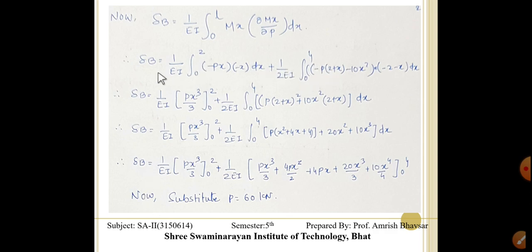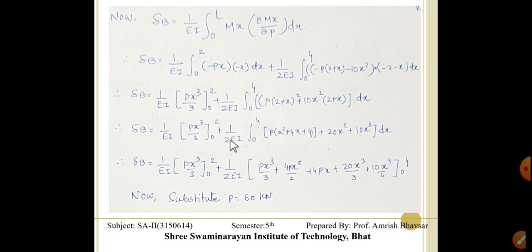So we get minus Px into x and the multiplication of all these terms. Here the integration is Px cube upon 3 from 0 to 2 plus 1 upon 2 EI integration 0 to 4 of the multiplication of these terms.